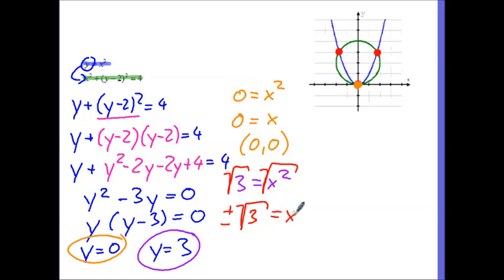Note that we have two solutions here. And the solutions for x are positive the square root of 3 and the negative square root of 3. So we will combine that with our y coordinates to give us actually 2 points. Positive square root of 3 and 3. And negative square root of 3 and 3. Those are the other two solutions.